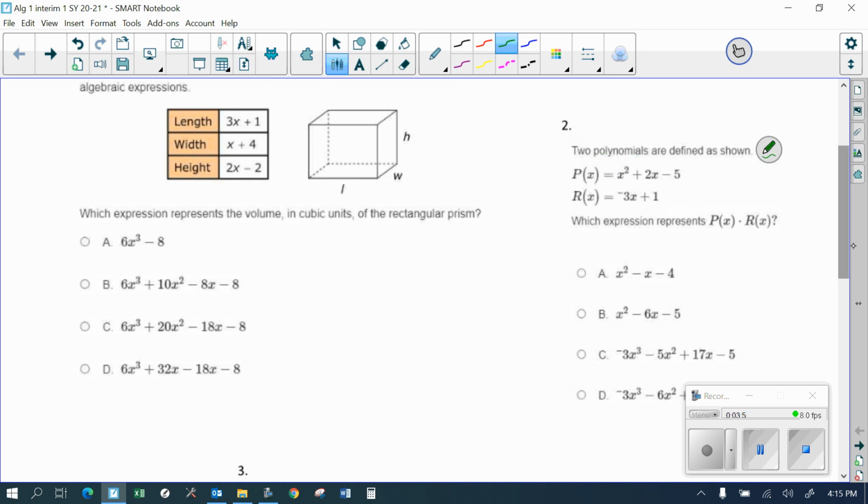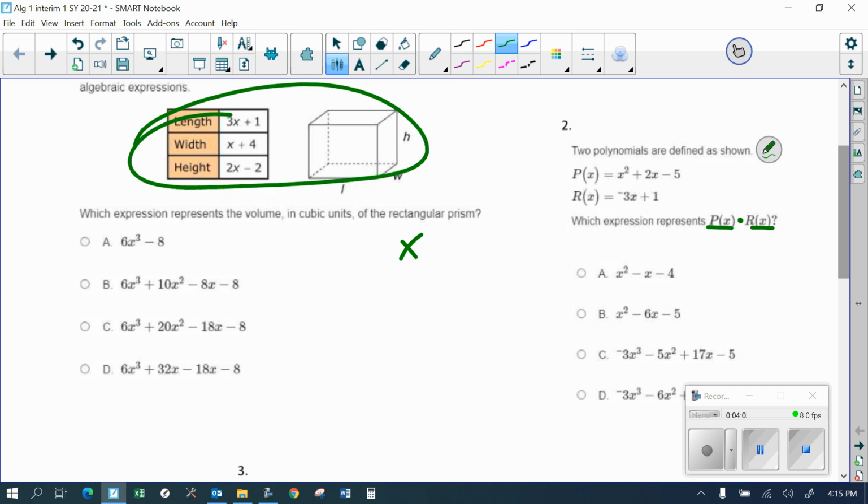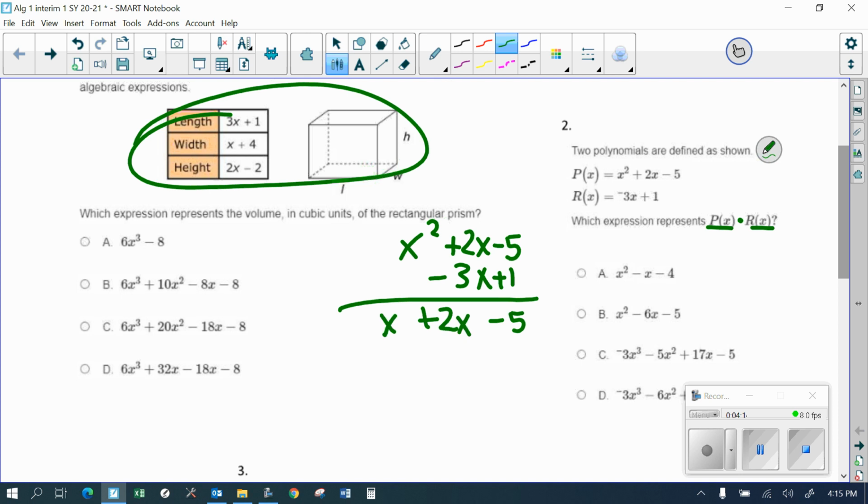All right, so it says which expression represents p of x times r of x. So just multiply the two together, that's it. Again, it's basically just like this here, except I have a trinomial times a binomial. So again, line it up. Multiply negative 5, positive 2x, and positive 1x squared.